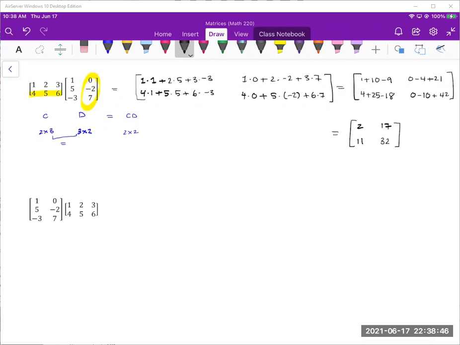Let's take a look at what happens when we multiply the same matrices in the opposite order. So we have a 3 by 2 multiplying a 2 by 3, and the result is a 3 by 3 matrix.